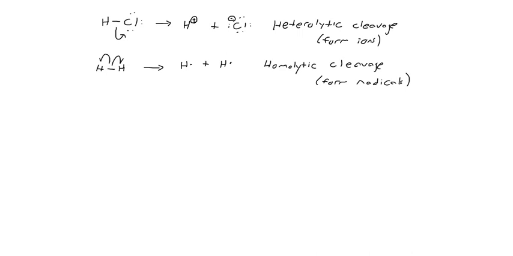Some examples of organic ions or radicals that we can draw: from methane, we can have a cation that might look like this, where carbon only has a sextet, so it has a positive charge. We might also have the methyl radical, where we add one electron, so we get that single electron there, and it has no charge.